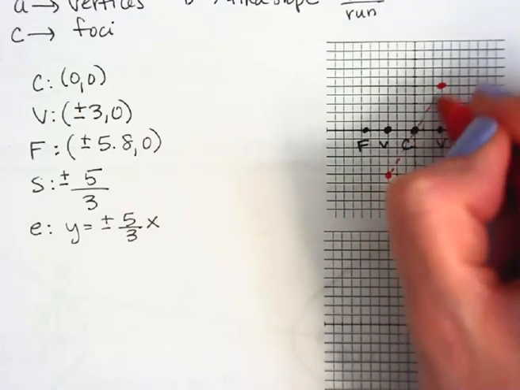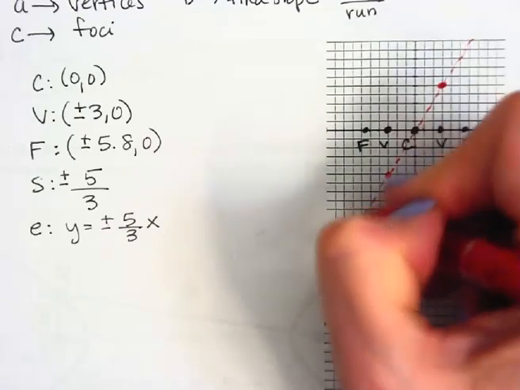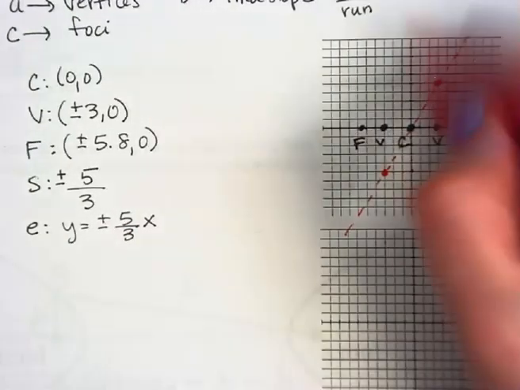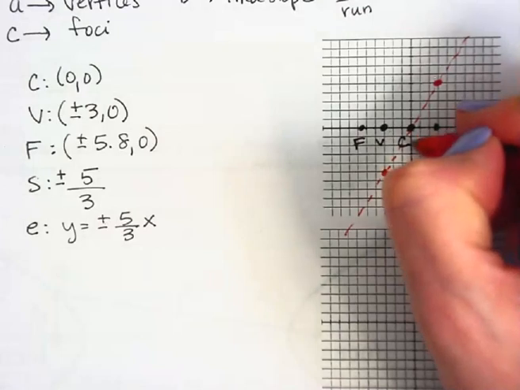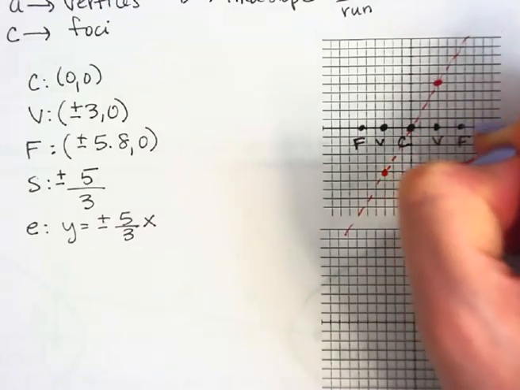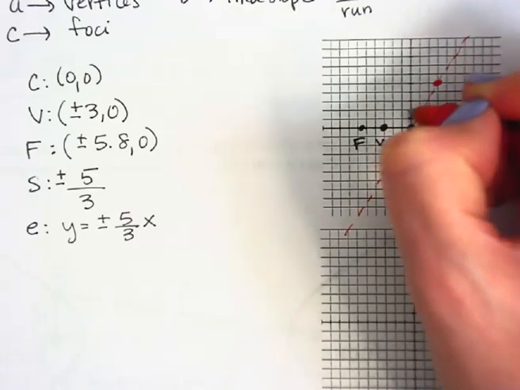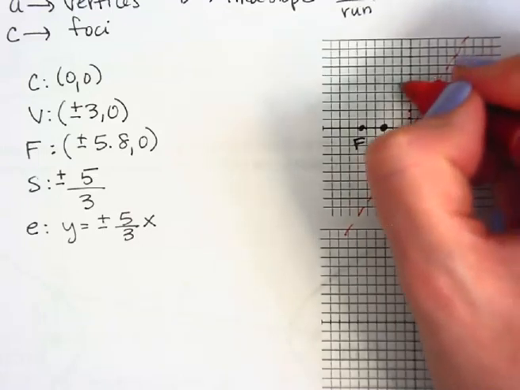So here is one asymptote. And now I'm going to do the negative 5/3 asymptote. So that means go down 5 from the center and left 3. Same thing, opposite direction. Up 5, left 3.